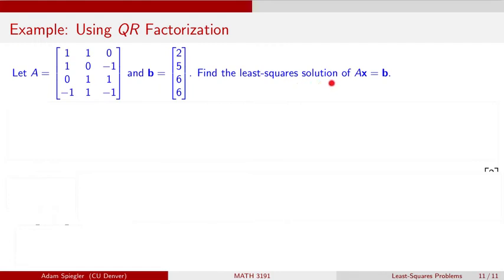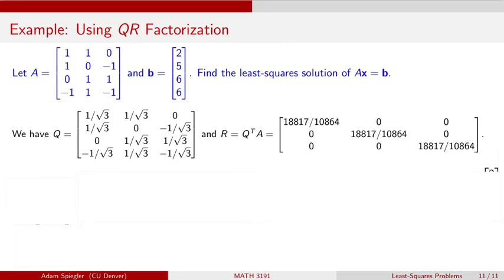And we found the least squares solution using those normal equations. But now I want to take a look at what happens if we use a QR factorization for the model matrix A. And here I've done the QR decomposition, and you can check all of these calculations in the Colab notebook linked in the description of this video.